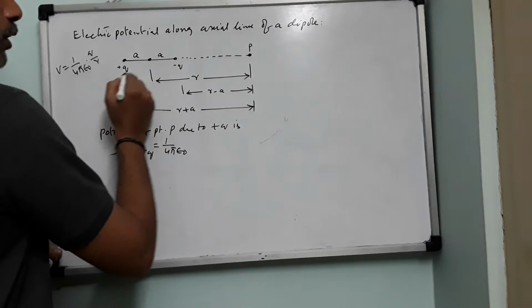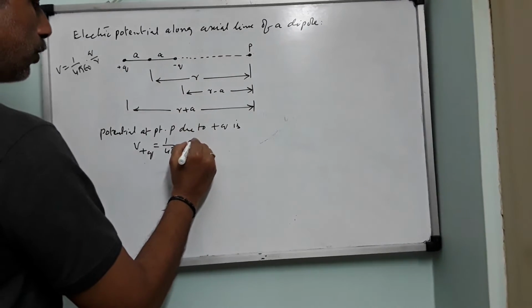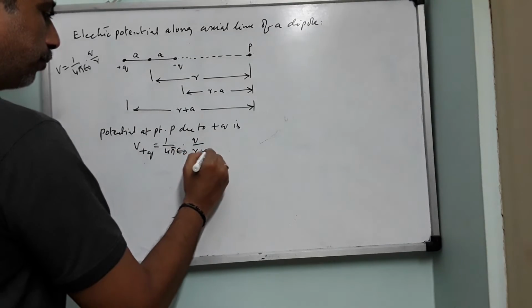So from the source charge, the distance of point P is R plus A. The source charge magnitude is Q, divided by R plus A.